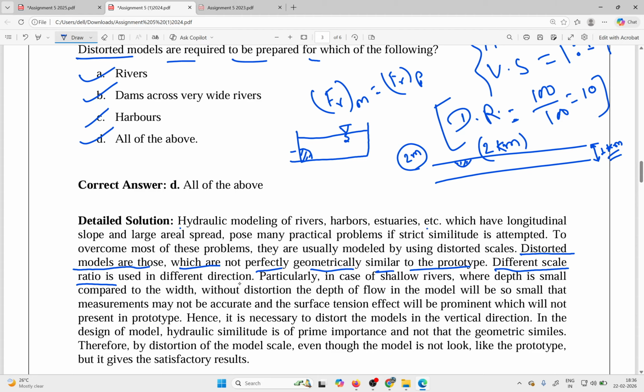Different scale ratios are used in different directions, particularly in the case of shallow rivers where depth is small compared to the width.